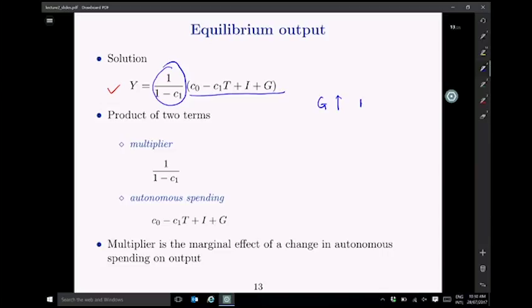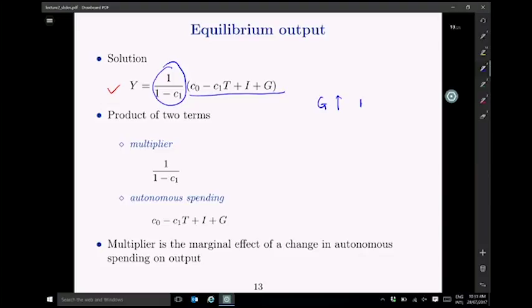If government spending increased by 1 unit, that directly contributes to a 1 unit increase in Y, aggregate output, right? But remember, there's something else in the aggregate demand that depends on Y. What is it? Consumption, exactly. So in response to an increase in Y, disposable income will increase, and then consumption will increase, right?